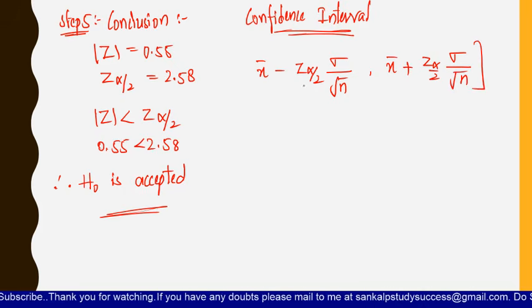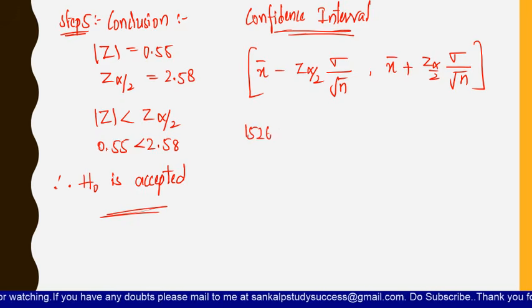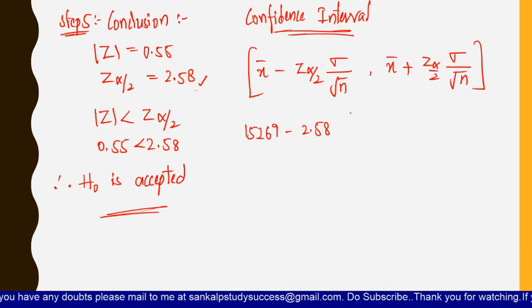This is the formula of the confidence interval. If you substitute all the values in this formula, you are going to get the confidence interval. That means x bar is 15269 minus z alpha by 2, which is 2.58. Just now we have verified it also. Into sigma by root n.